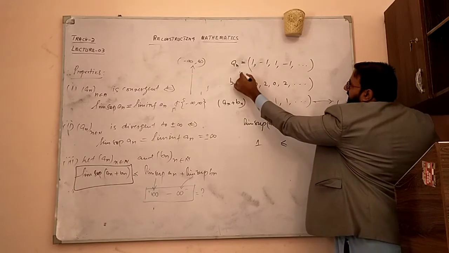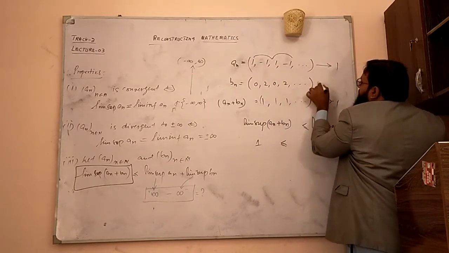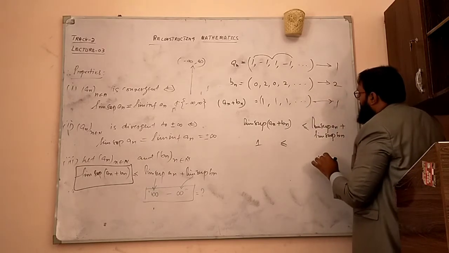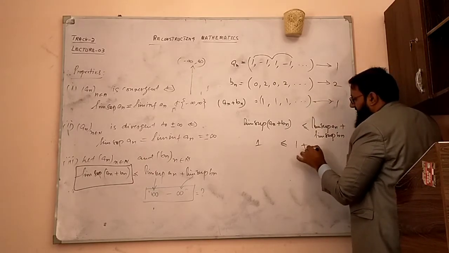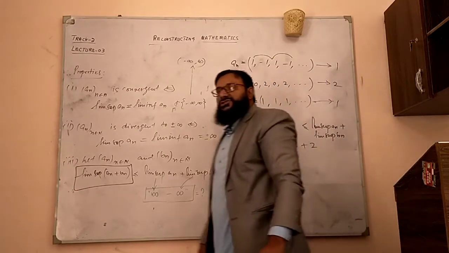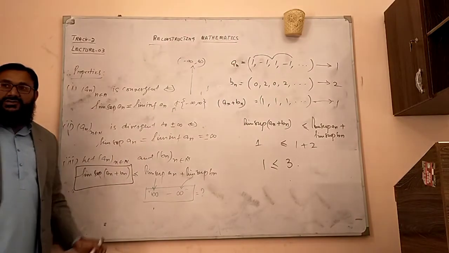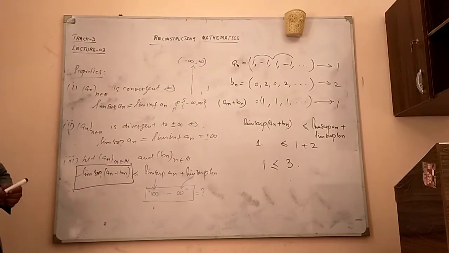The limsup of an is 1, and the limsup of bn is 2. So this is 1 plus 2, so 1 is less than or equal to 3. Either they are equal or the left hand side is less than or equal to the right hand side.